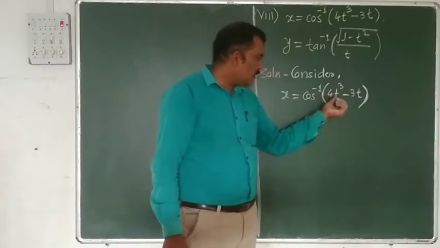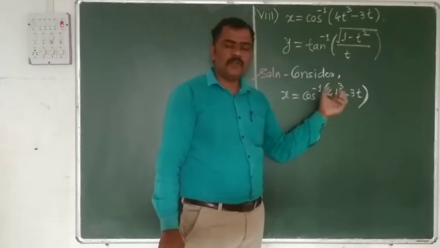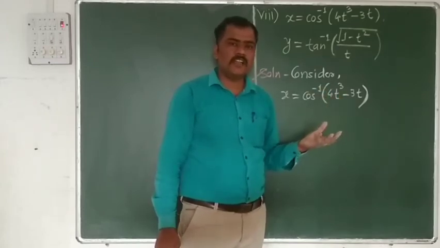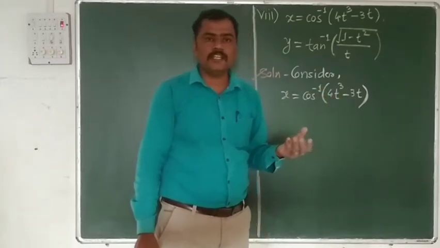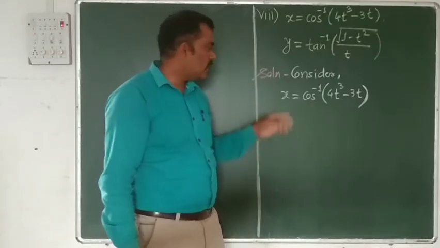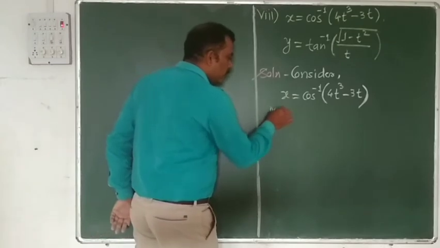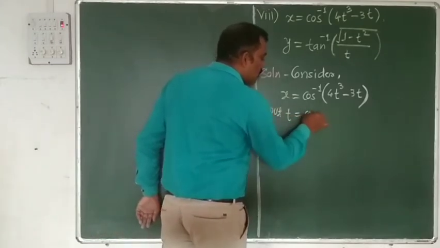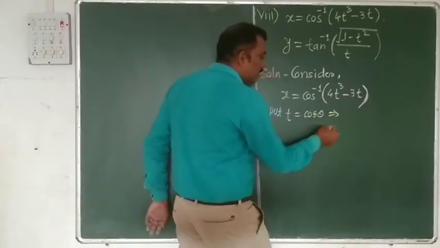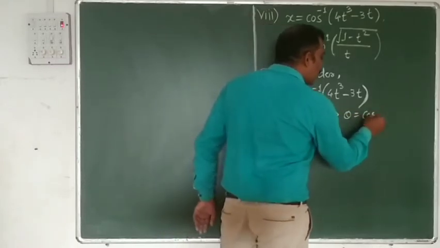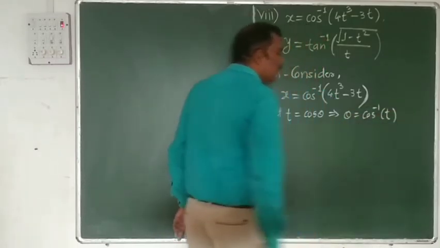So what do we have to replace t by? We have to replace t by cos theta, so that we get the formula related to cos 3 theta. So here we put t is equal to cos theta. This implies that theta is equal to cos inverse of t.